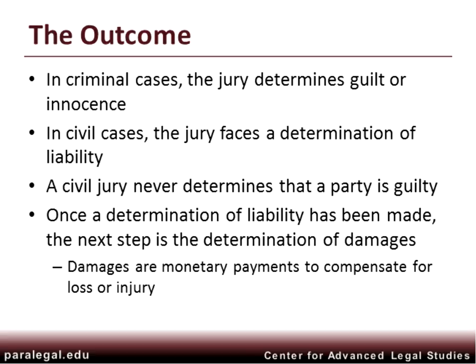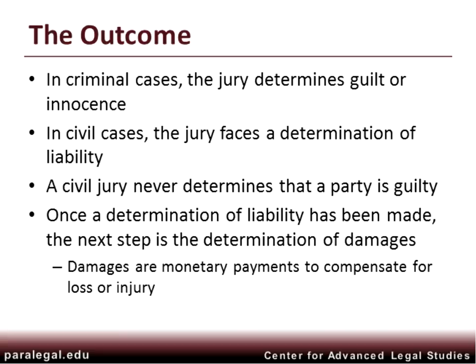So, the outcome of a case. When a lawsuit is filed civilly, plaintiff sues defendant, you do your discovery, depositions are taken, the case goes to trial, the jury gets the case, and they render a verdict. They don't decide if you're guilty or not guilty. I always get people answering questions about lawsuits on the civil side, and they always try to use the terms guilt or innocence. Guilt or innocence has nothing to do with civil law, it has everything to do with criminal law.